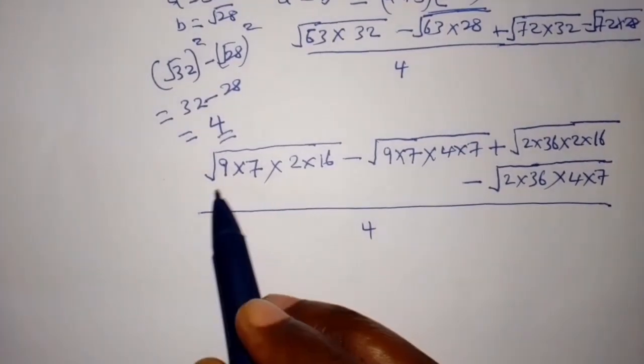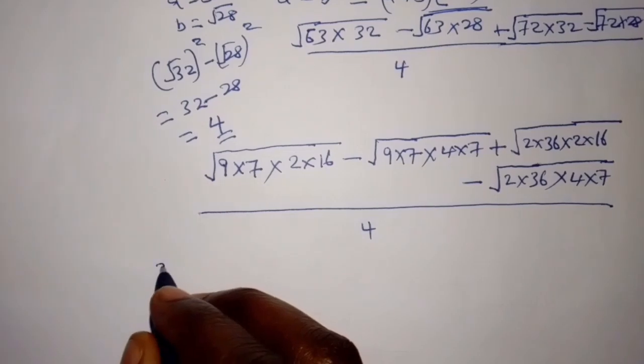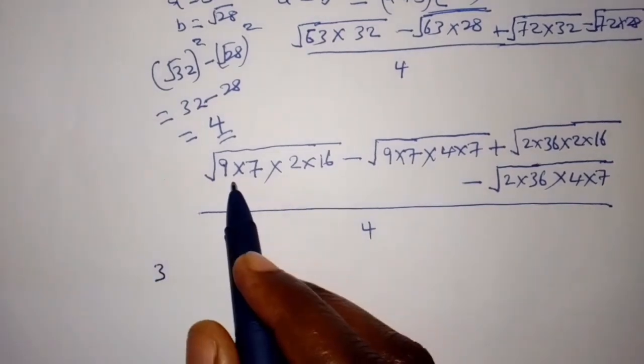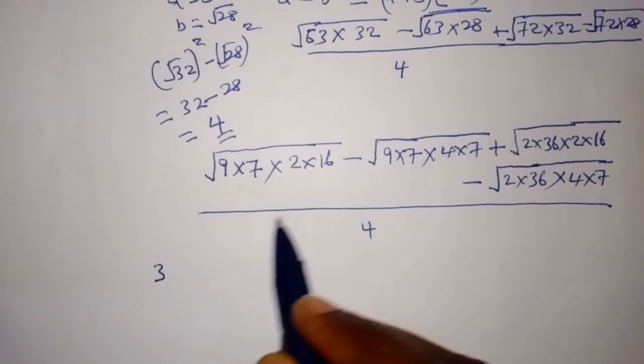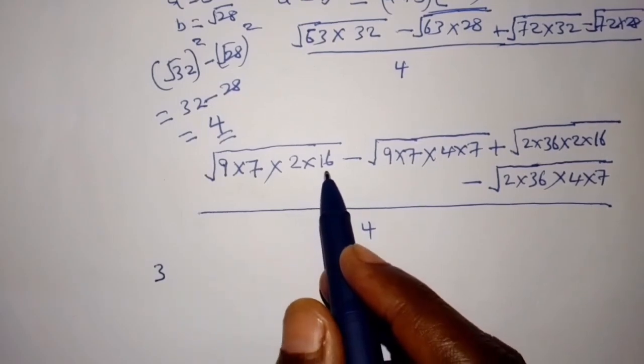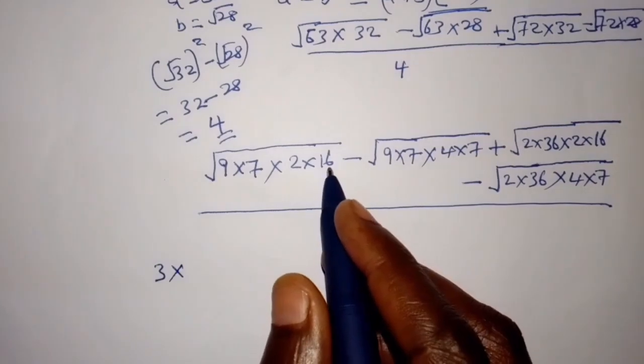Square root of 9 is 3. Square root of 16 is 4.